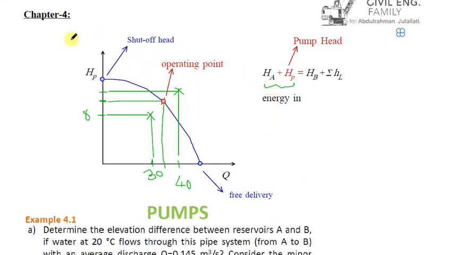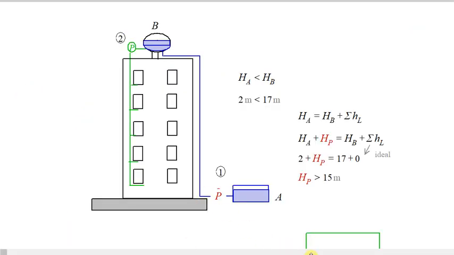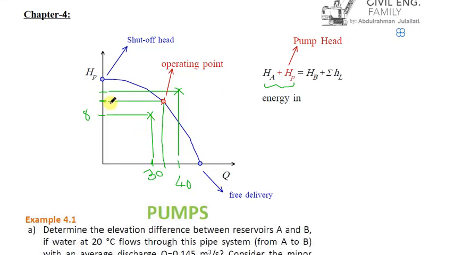Okay. So now coming to the curve, what about the curve? Sometimes one way of solving pump problems is to get the curve of the pump. Normally all the pumps will have curves. There will be a table given on the pump, and that curve, if we draw it, will be something like this one, the blue one.